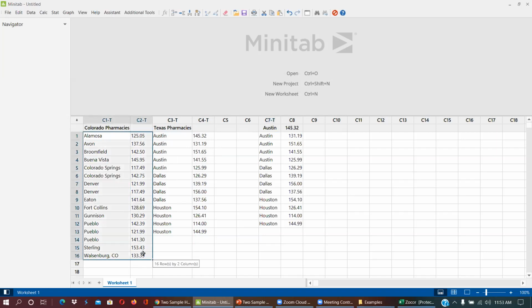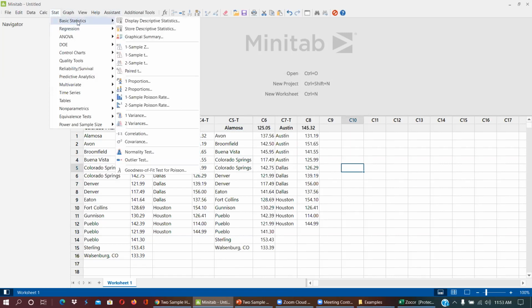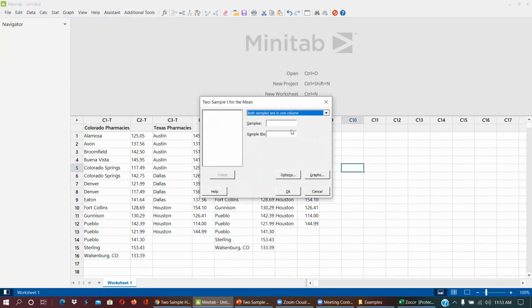And now I have it clear. So basic statistics, two sample t-test.